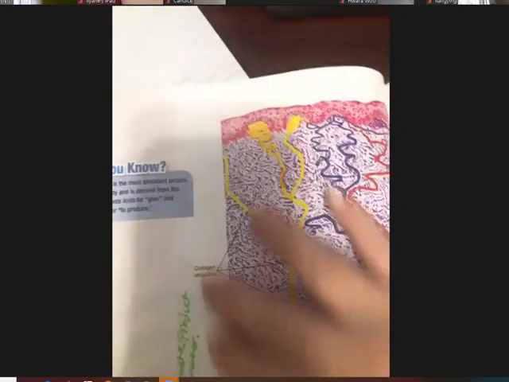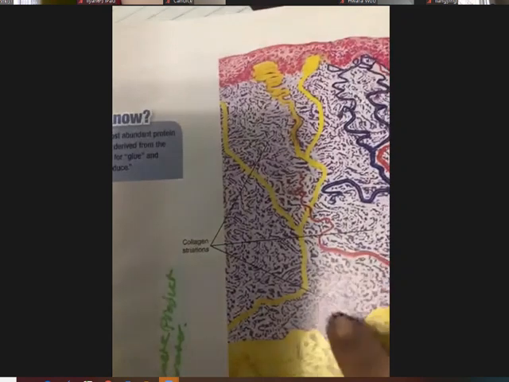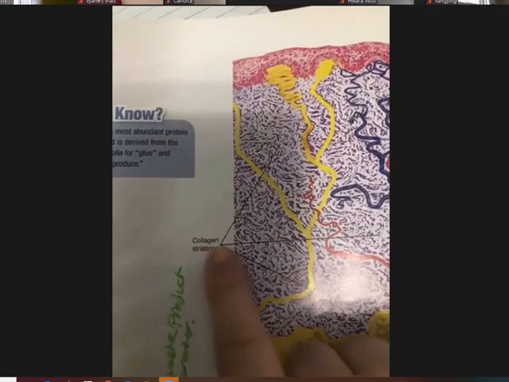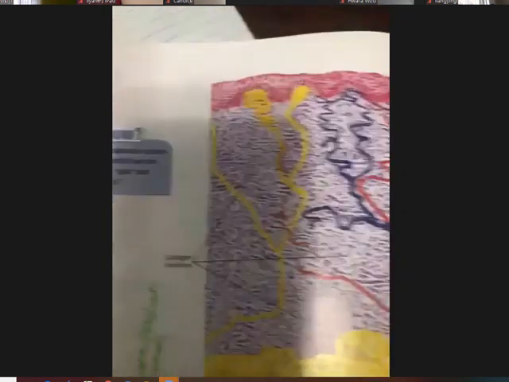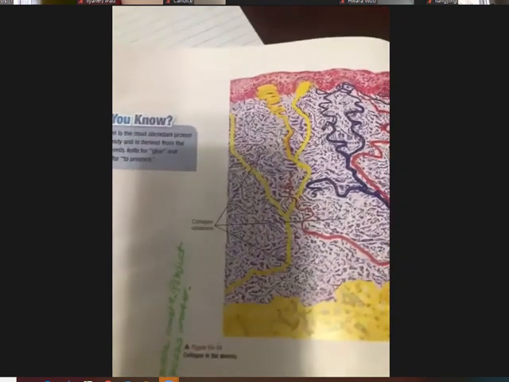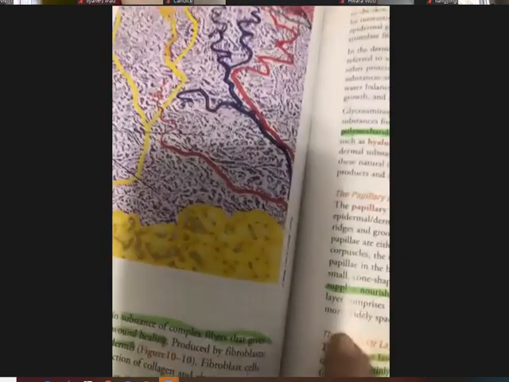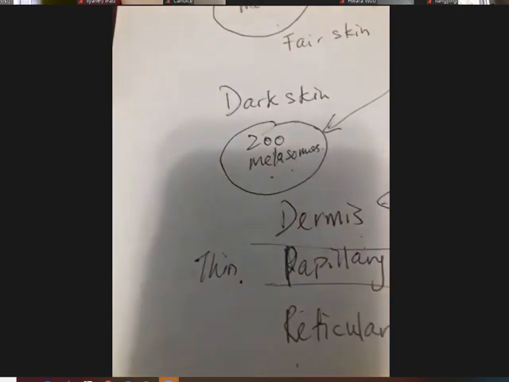It's made up of collagen protein and elastin fibers. If you look at this here, the purple color is your collagen. So the collagen is found in your dermis. But the first layer, papillary, has collagen and elastin, but it's a thin layer.